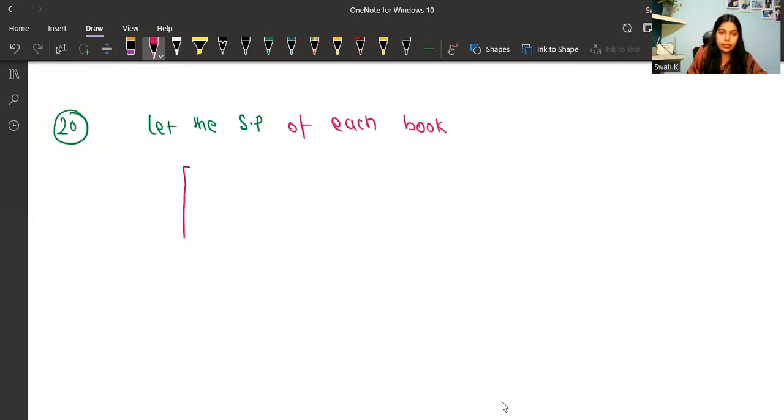I'm writing it as a column matrix, which is a 3 by 1 matrix. The first is 80, next is 60, and the last one is 40.